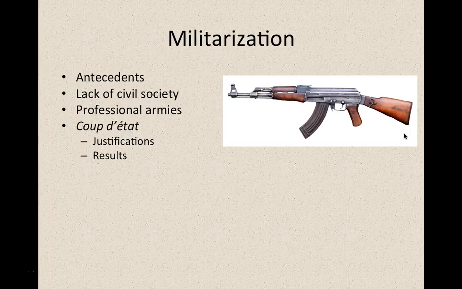In 2011 in Egypt, for instance, not to take away from any presentations on Egypt here, but after the Arab Spring, the military took over, and the military was actually quite popular, much more popular than the dictator Hosni Mubarak had been, and so people welcomed the army. But then the army had a difficult time, still has had a difficult time. They're still kind of in power.